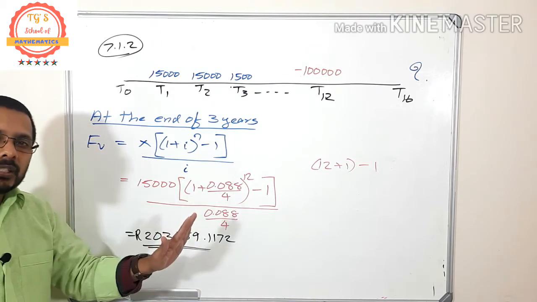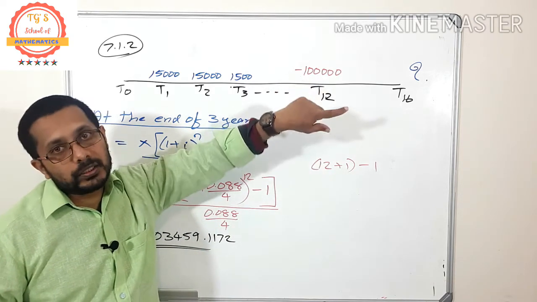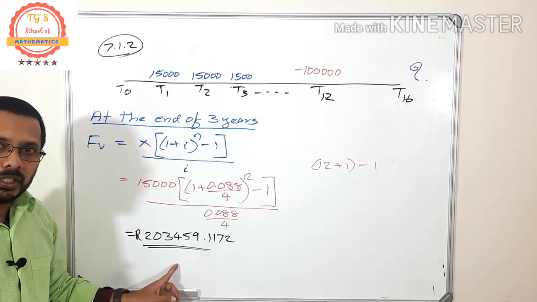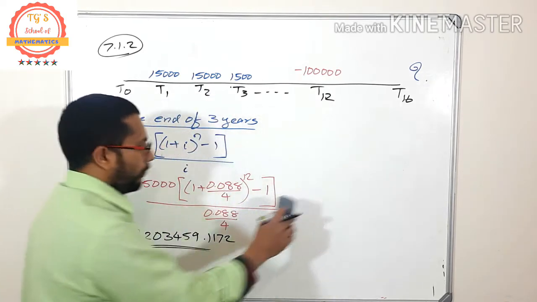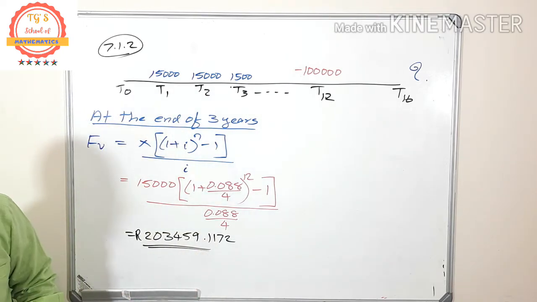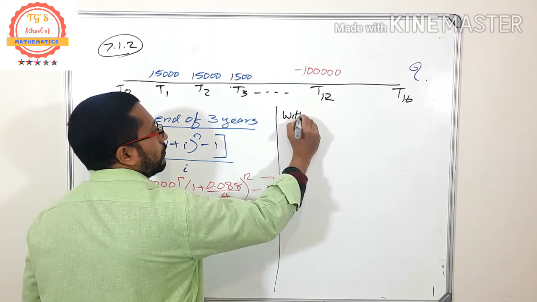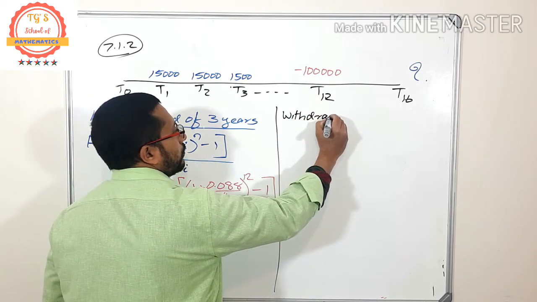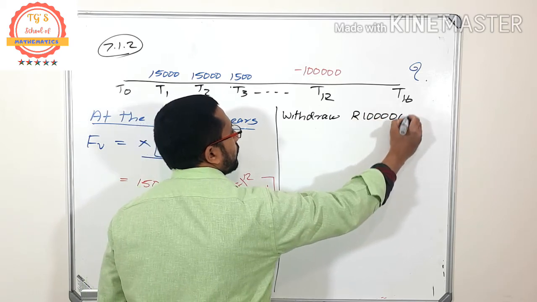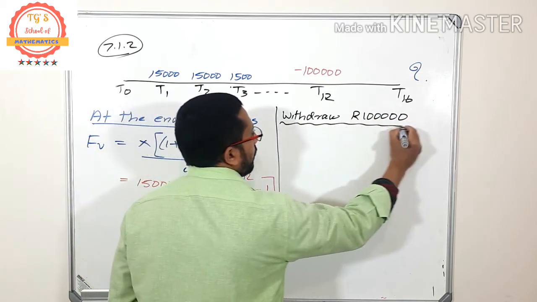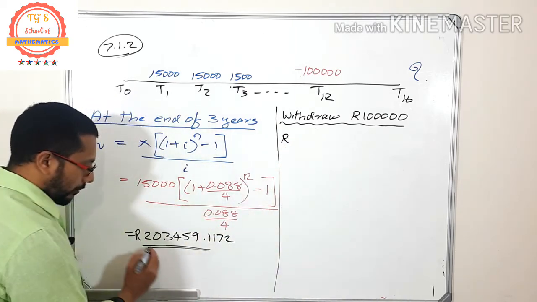Then after 3 years, what did she do? She withdraws 100,000 from this amount, okay? So after 3 years, she withdraws 100,000 from this amount. So what is the amount in her account after 3 years?